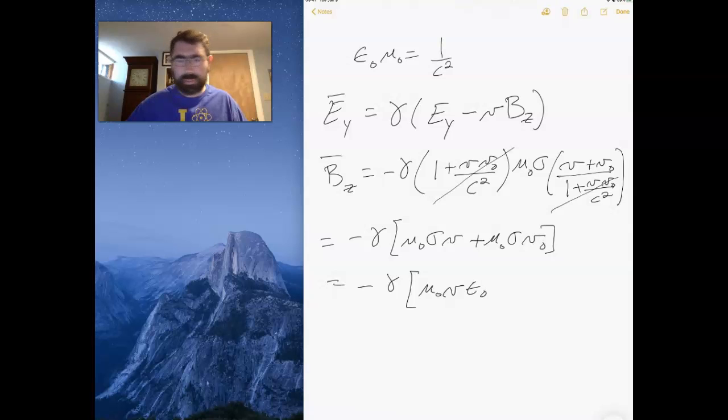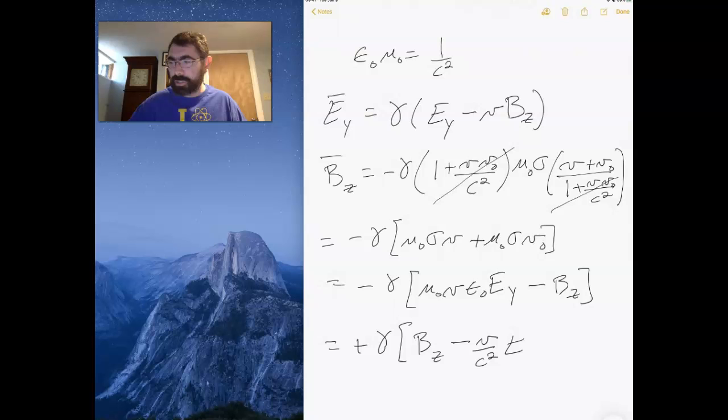epsilon naught times the electric field minus Bz, or minus gamma, or plus, I'll make it a plus, I'll bring it inside, I get a B field minus V over C squared times the electric field.